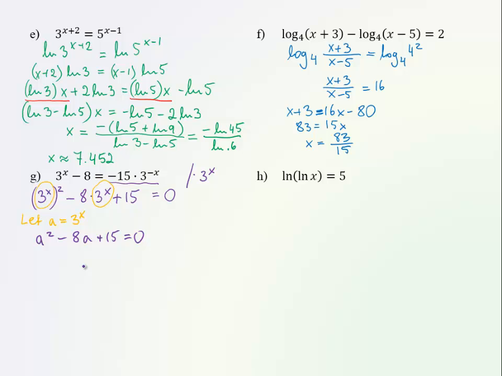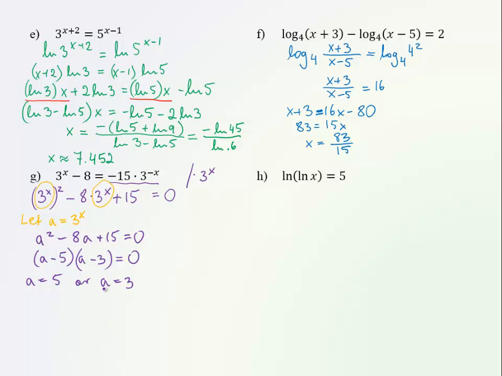And we know very well how to solve such an equation by factoring. Well, we factor a minus 5 and a minus 3. So the product is plus 15, the sum is negative 8, everything works. Therefore, our a is either 5 or 3.